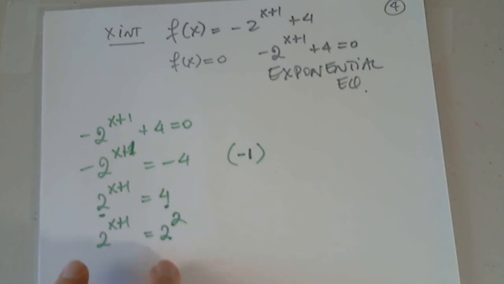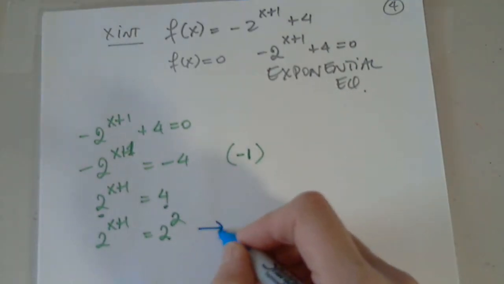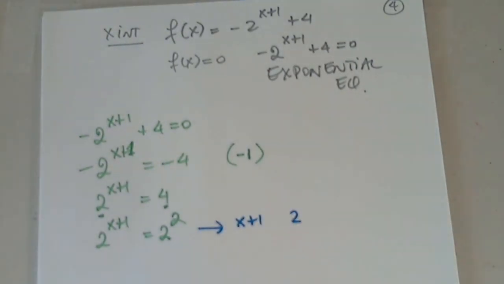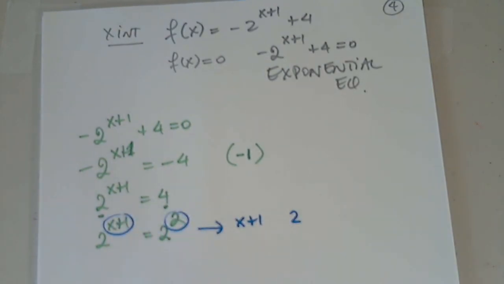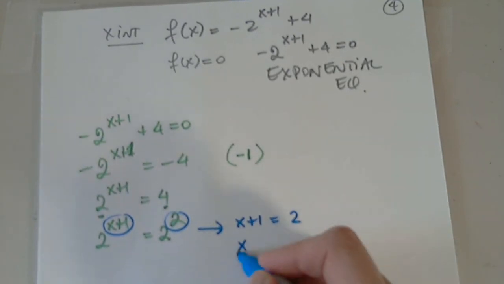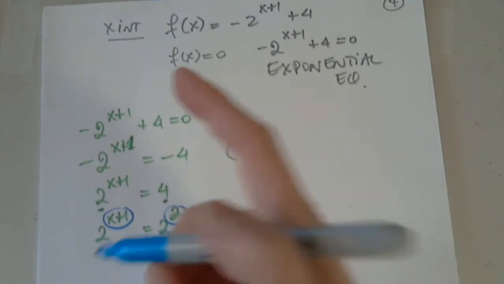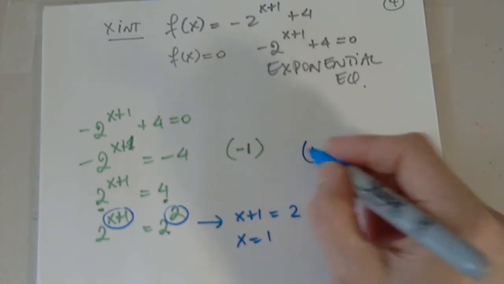How can they be equal? Only if x plus 1 and 2 are equal. Exactly. There is no other way. So then x must be 1. So we found the x-intercept as (1, 0).